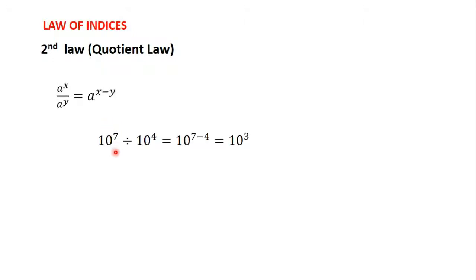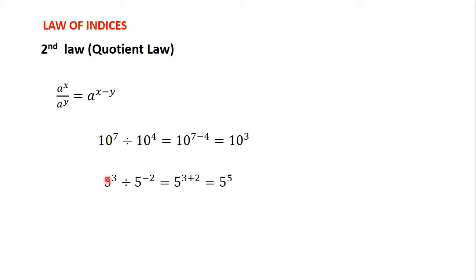So for example, if you have 10 raised to the power 7 divided by 10 raised to the power 4, you write one of the bases, 10, then you subtract the exponents, so 7 minus 4. So you subtract the exponent of the denominator from the exponent of the numerator, and this will give us 10 exponent 3.